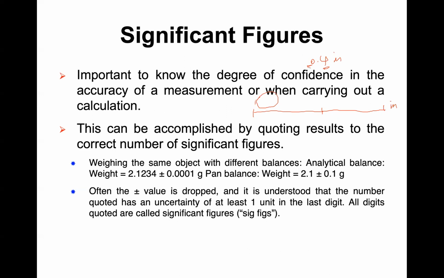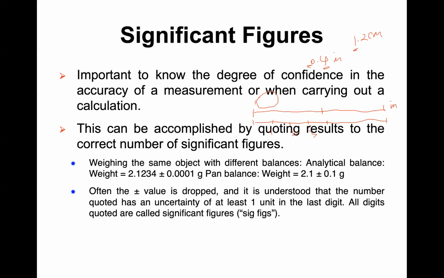But if we use another ruler to measure in centimeters, you can say 1.2 centimeters. Then the 1 is accurate, so we know this coin is at least 1 centimeter in diameter.